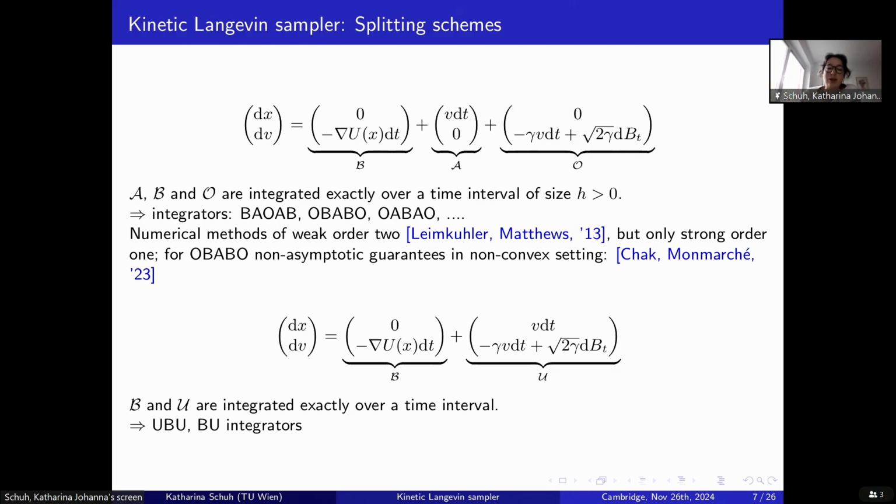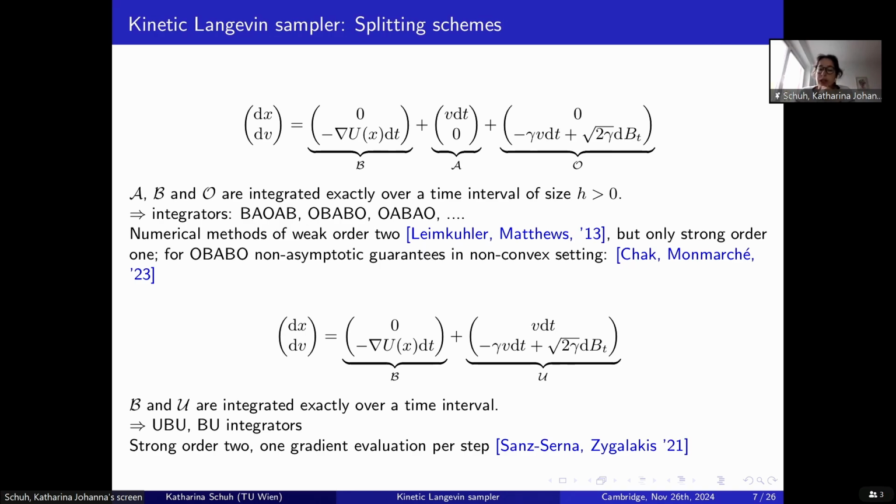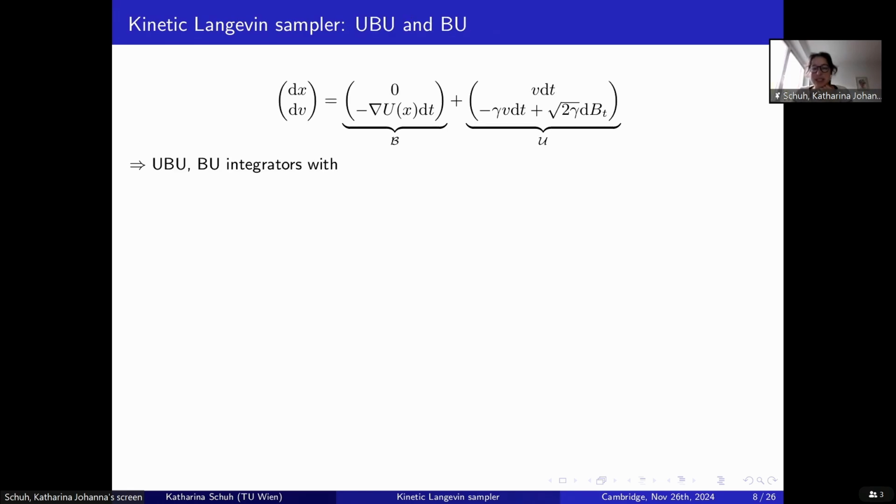Then, as for BAOAB or OBABO or the other names, we can integrate these different blocks step by step. And the UBU scheme will have strong order 2, and we only have one gradient evaluation per step. Let me now introduce how these schemes look precisely.